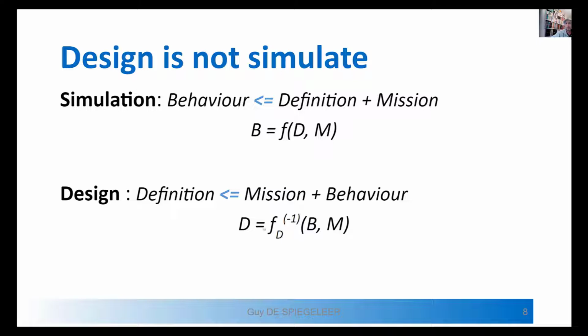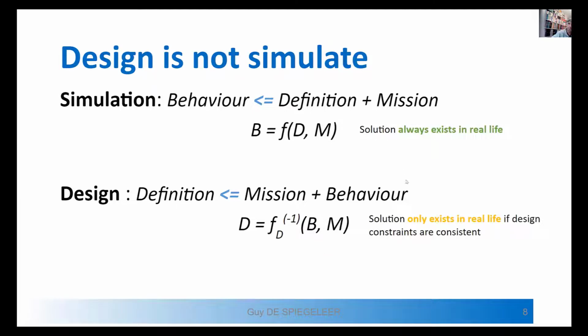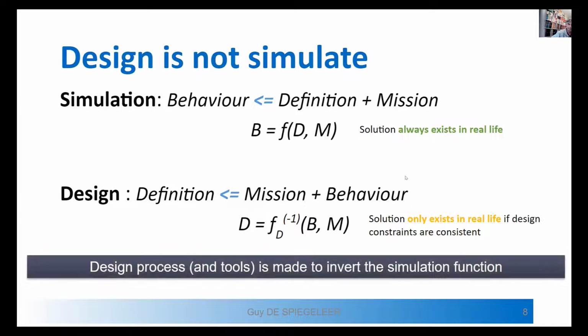You have to reverse the function f compared to the simulation, and you compute, let's say, design definition equal function of behavior and mission. And what is tricky here, if you remember your university or your training, it's not obvious to invert functions.